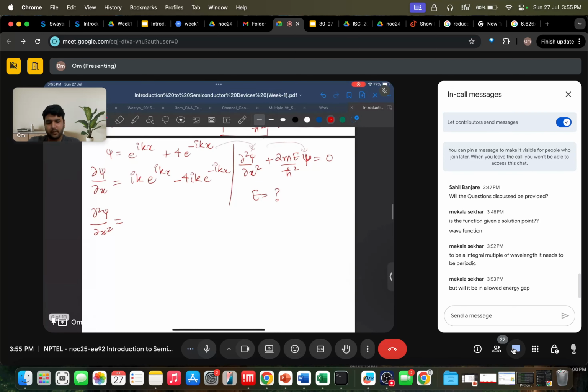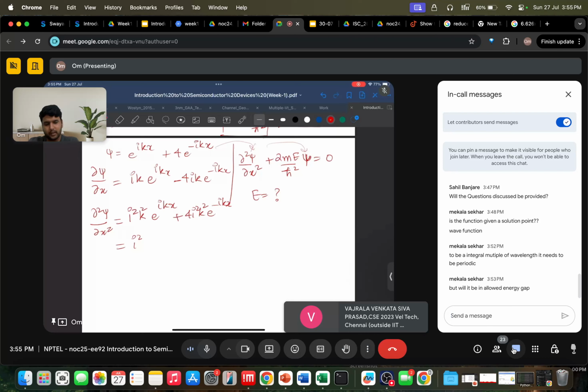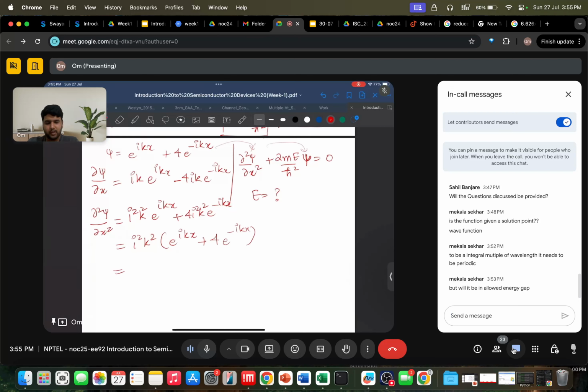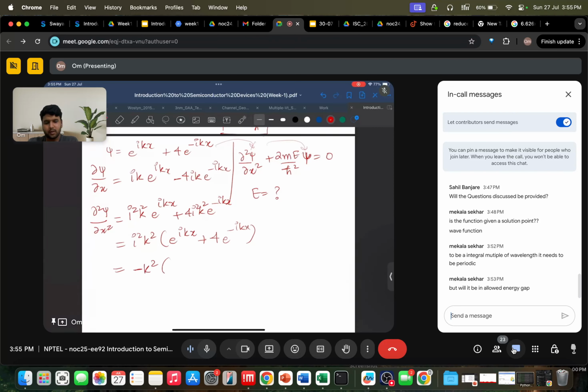Yes. And del 2 psi by del x square will be i square k square e to the power ikx plus 4 i square k square e to the power minus ikx. If I take i square k square common, it is e to the power ikx plus 4 e to the power minus ikx. I square is minus 1, so this is minus k square, and this is psi.